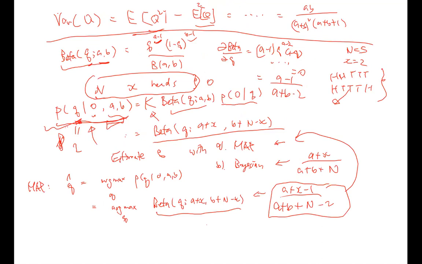So the MAP estimate should be something like this, right? You should simply plug in the numbers here. So A equal to B equal to 1, N equal to 10, X equal to 0.